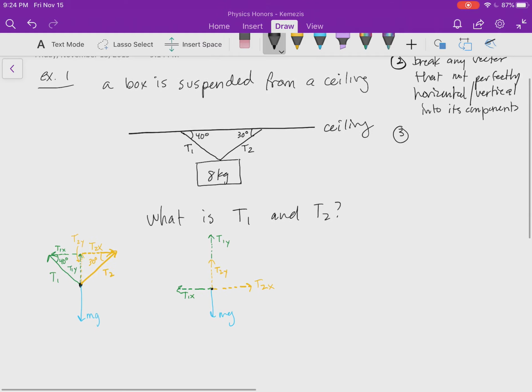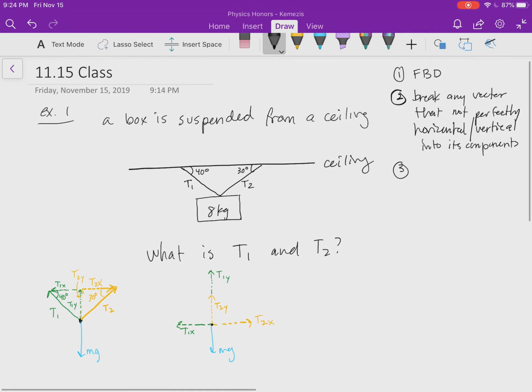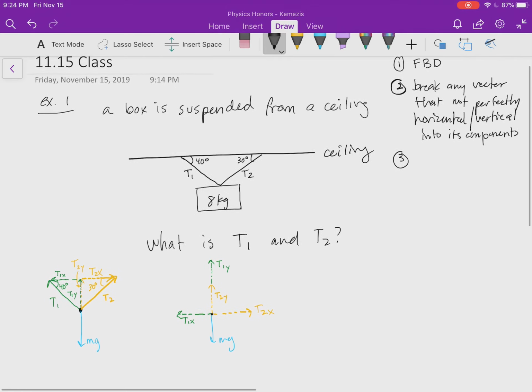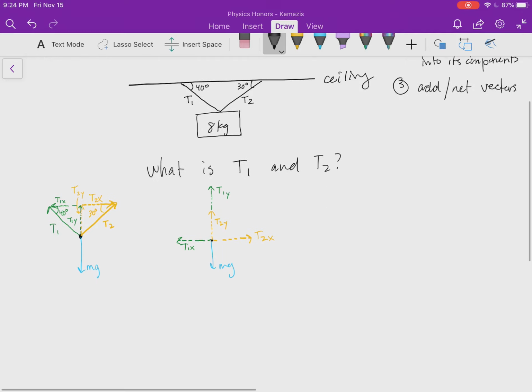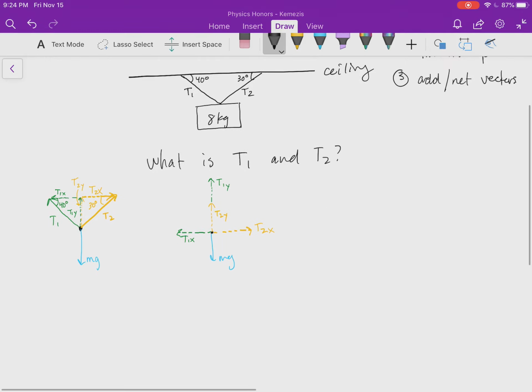Now that we have this, our third strategy, and this strategy is for all problems, not specifically this one, is that we want to add or net our vectors. So when I'm thinking about this, we think about our x direction and we think about our y direction. Okay, so let's do the x one first.